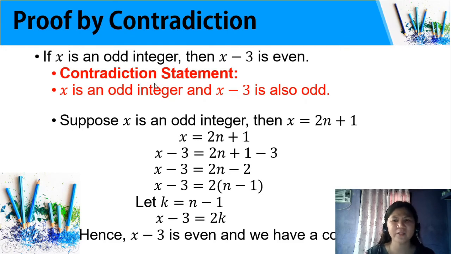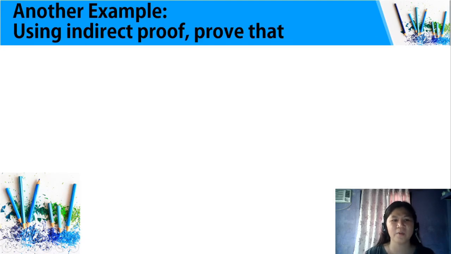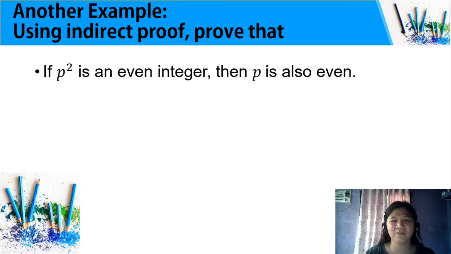In proof by contradiction and proof by contrapositive, we first convert the given statement into its contradiction and contrapositive statement to prove that the original statement can never be false. So let's have another example. Using indirect proof, prove that if p squared is an even integer, then p is also even.